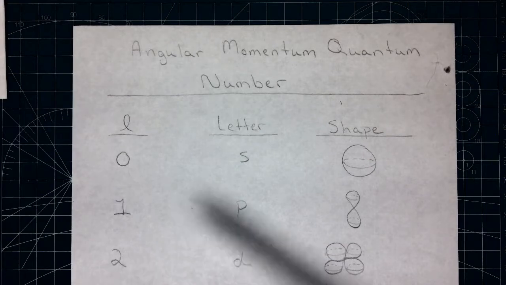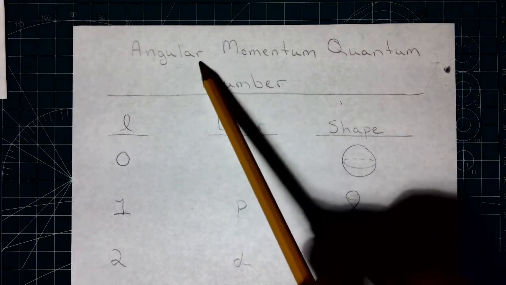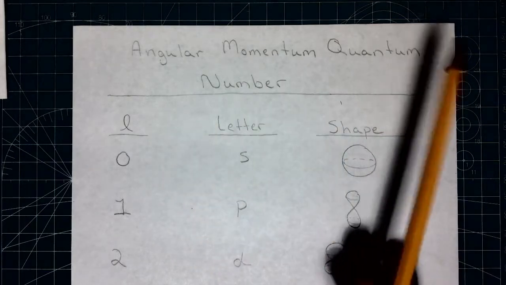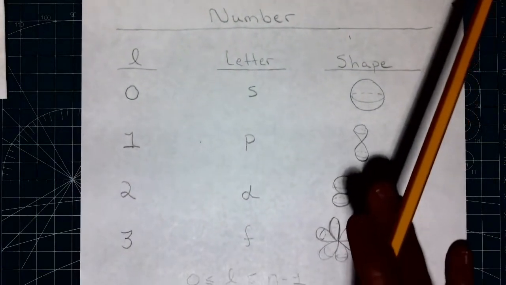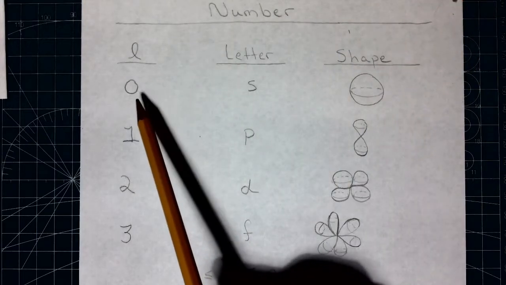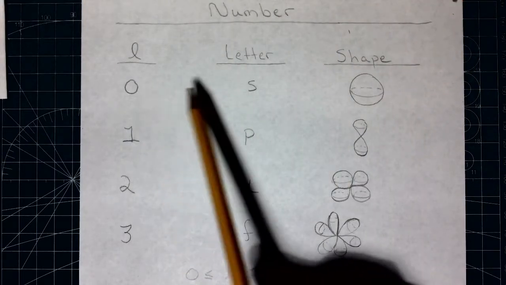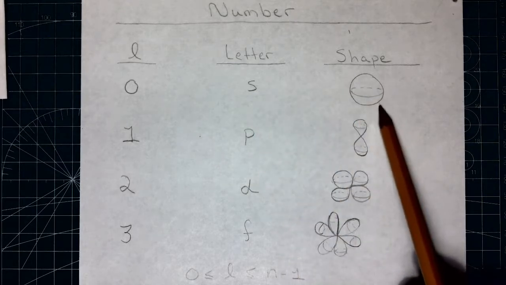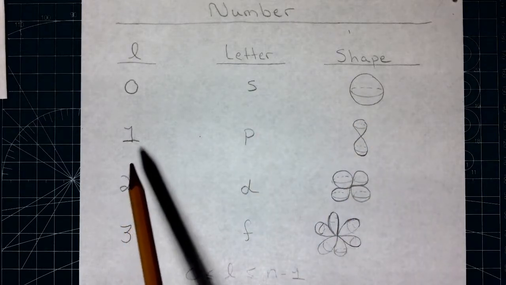So the next quantum number I want to talk about is the angular momentum quantum number. This is l. And every value that l takes on is going to have a letter corresponding to it and a shape of an orbital that corresponds to it.